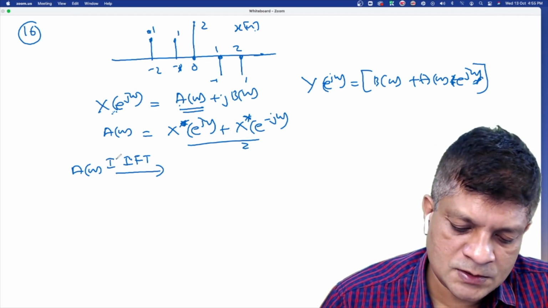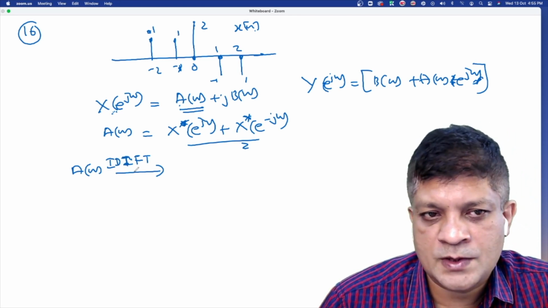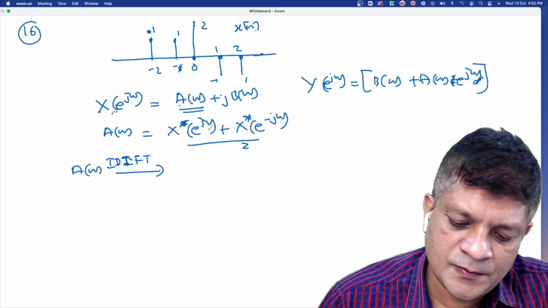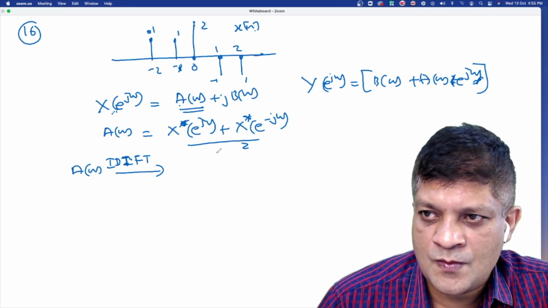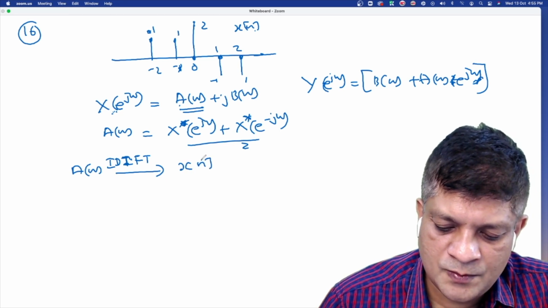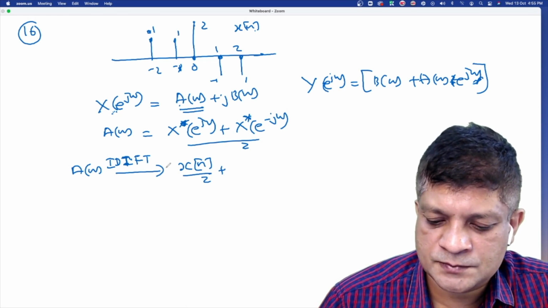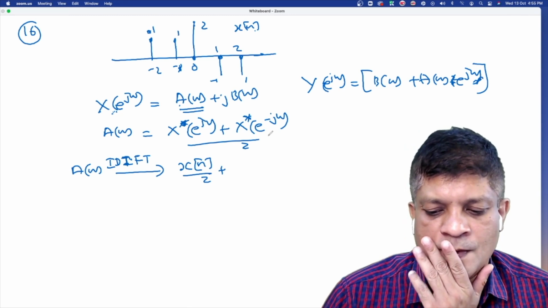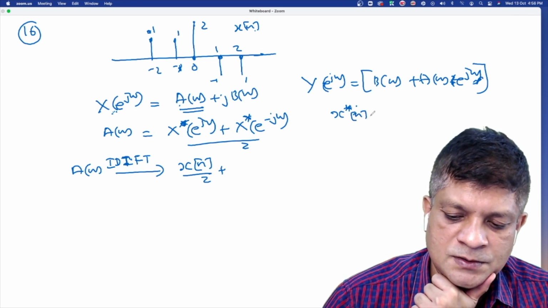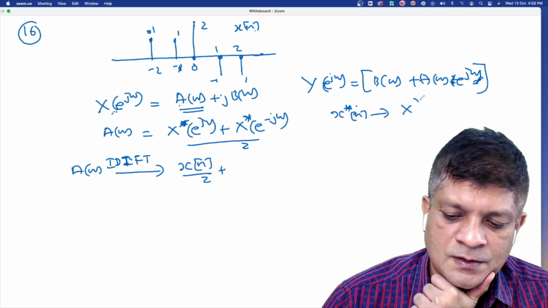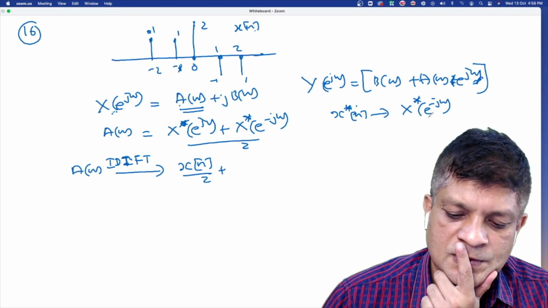The inverse Fourier transform of X(e^{jω})/2 is x[n]/2, plus, using the conjugation property, x*[n]... Sorry, this is plus.